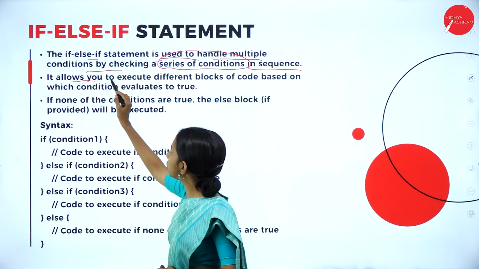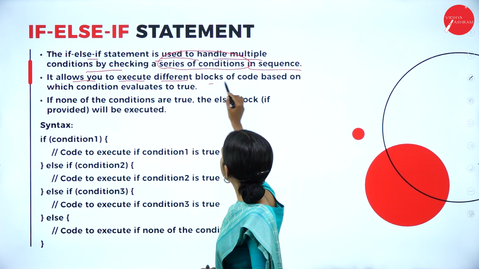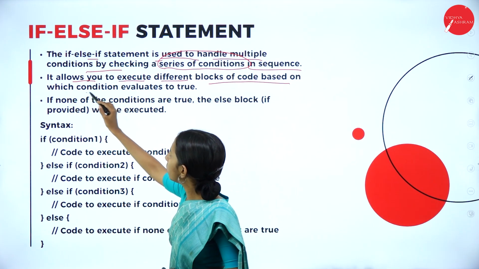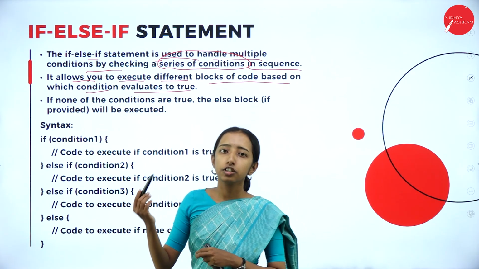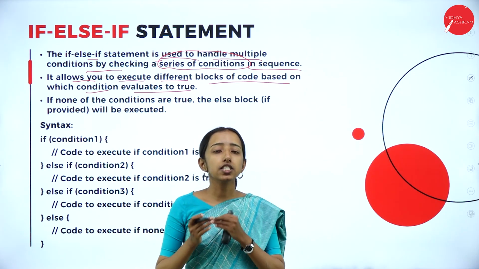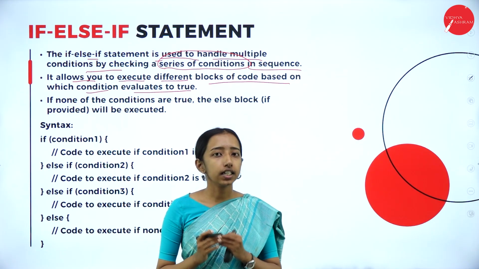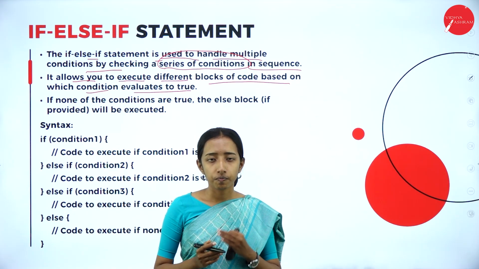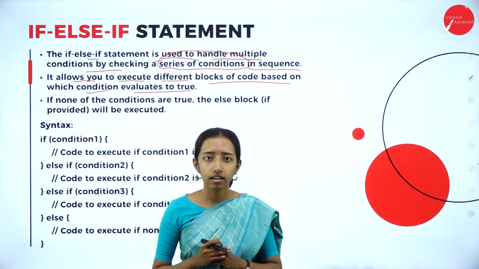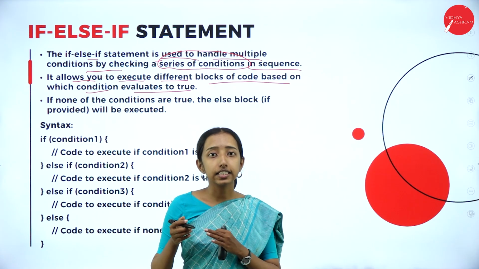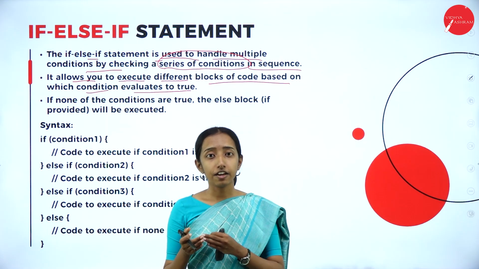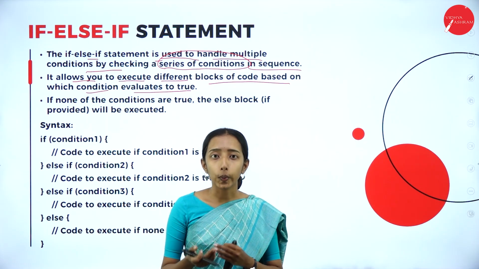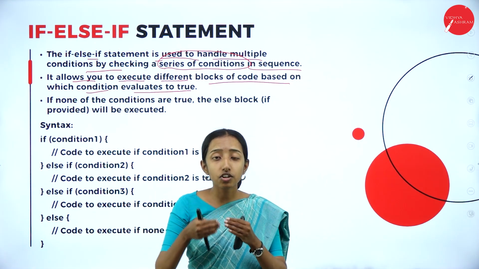It allows you to execute different blocks of code based on which condition evaluates true. So there will be a series of conditions, like I have taken A equals 10. I can give if A is greater than 5, else if A is greater than 10, else if A is less than 20. So there will be a series of conditions.